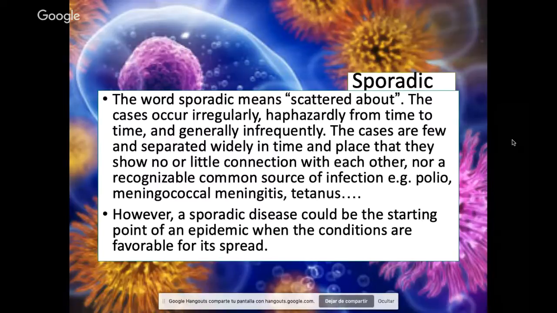The cases are so separate widely in time and place that they show little or no connection with each other, and no recognizable common source of infection, like polio, meningococcal meningitis, and tetanus. However, a sporadic disease could be a starting point of an epidemic when the conditions are favorable for its spread.